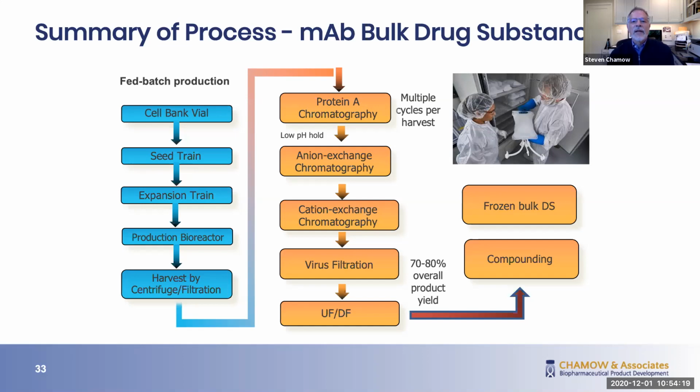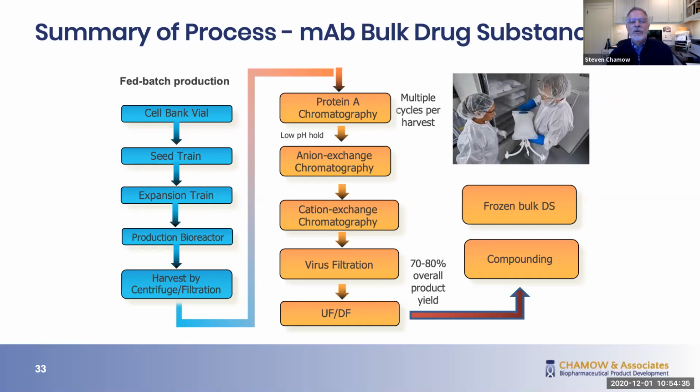That is then followed by low pH hold, which is a very effective viral inactivation step. The process here was followed by anion exchange chromatography. This is in a flow-through mode.